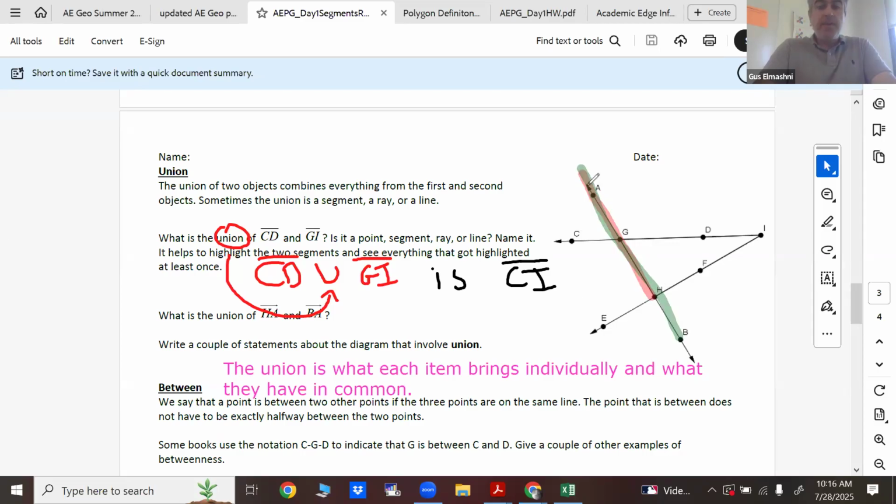They start at H, right? And did they both go forever towards A? Yeah, totally 100%. So it's ray HA. Oh, but sorry, it's a union, so you have to say BA. My apologies. I gave the intersection. They definitely have that in common, but you have to include everything. So what they each bring individually and what they have in common. Sorry, I just did what's in common when I said HA. Should have been BA because it's everything, including what they bring individually.